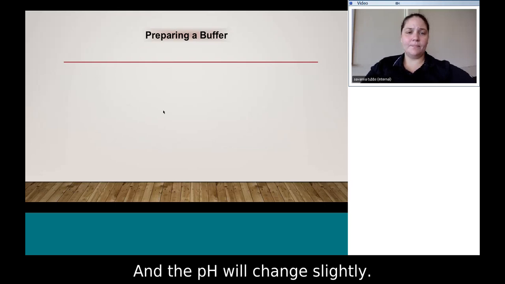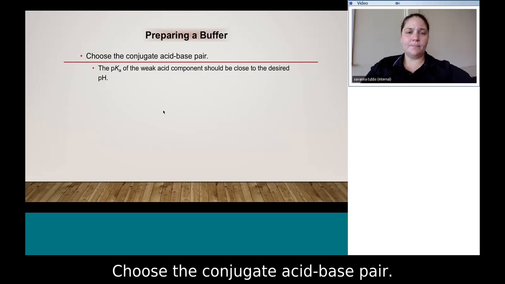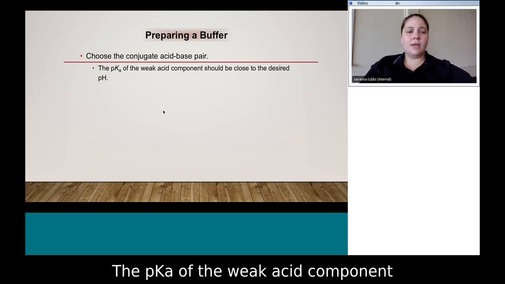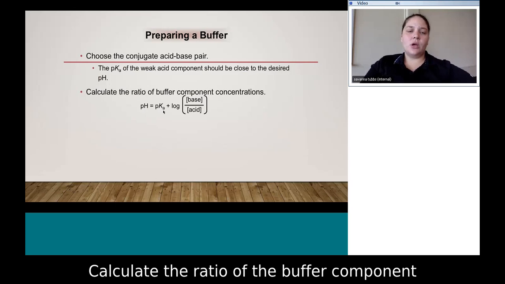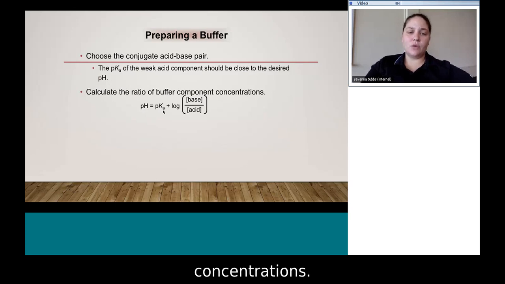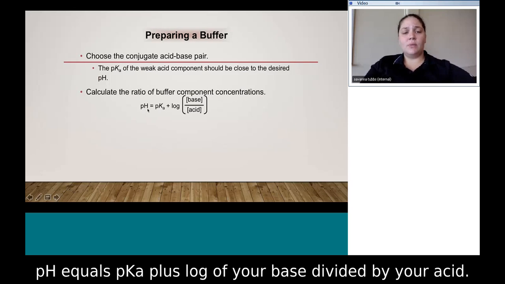Preparing a buffer. Choose the conjugate acid-base pair. The pKa of the weak acid component should be close to the desired pH that you're looking for. Calculate the ratio of the buffer component concentrations. We can do this by using the equation pH equals pKa plus log of your base divided by your acid.